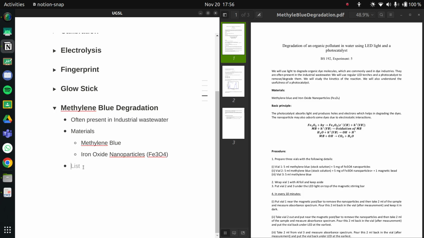The photocatalyst absorbs light and produces holes and electrons. Oh, okay, it's a hole. This is a hole because this is an uncharged thing. This is just the light. So it's Fe3O4 plus light.